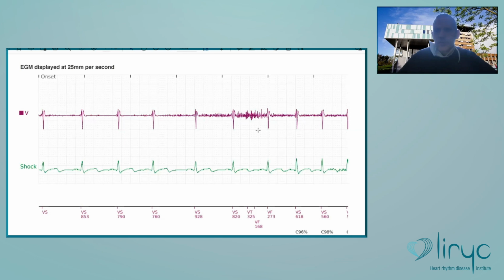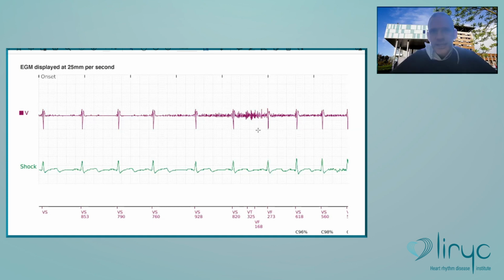And this could be easily replicated during the consultation while the patient was performing Valsalva or deep breathing, and that was clearly a problem of diaphragmatic oversensing. So the problem of myopotential oversensing needs to be understood, okay?